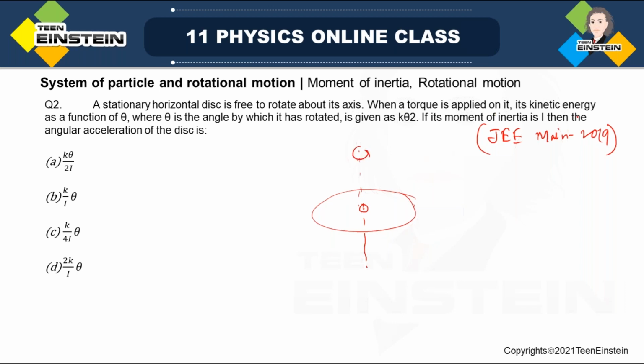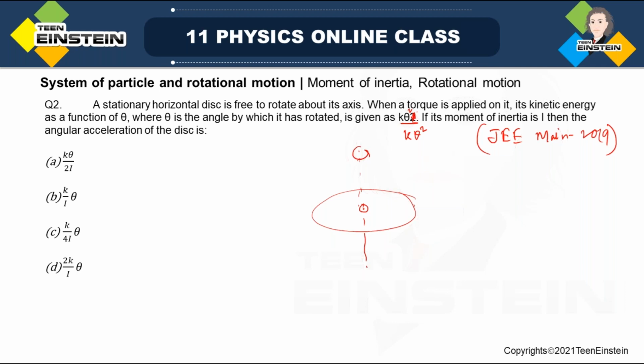When a torque is applied, its kinetic energy as a function of theta, where theta is the angle by which it has rotated, is given as k theta square. This is not k theta 2, this is theta square, k theta square.